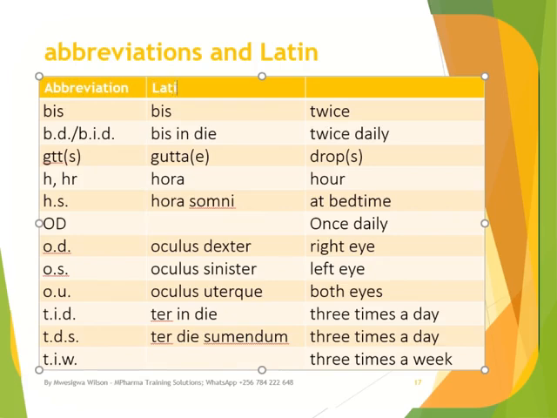So TID, ter in die, three times a day, or TDS, ter die sumendum, or three times a day. For us, these are usually TID and TDS, but if you try to replicate them in English, they don't come out. TIW, three times a week.